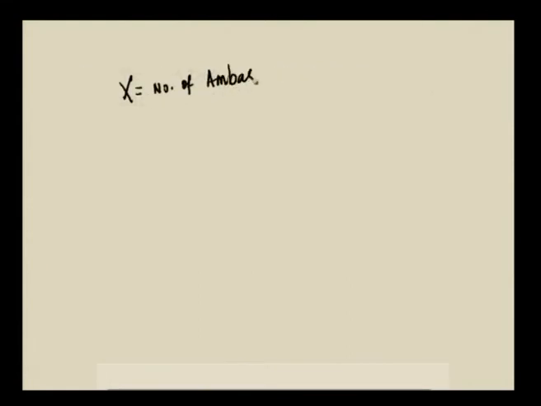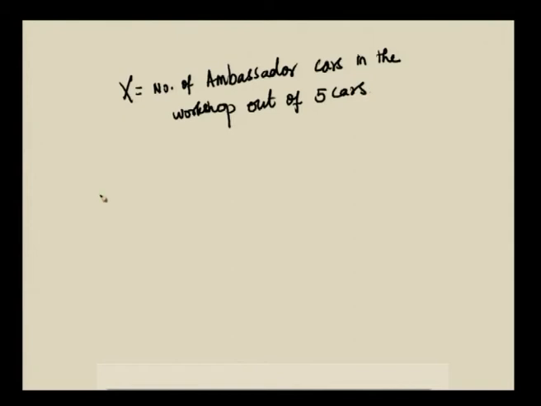Let capital X stand for the number of Ambassador cars in the workshop. There are 5 cars out of the total. So, what is capital N? Capital N is 12 plus 8, so the total number of cars is 20.